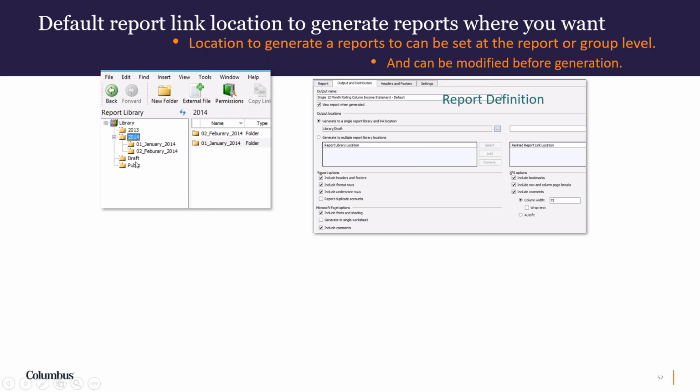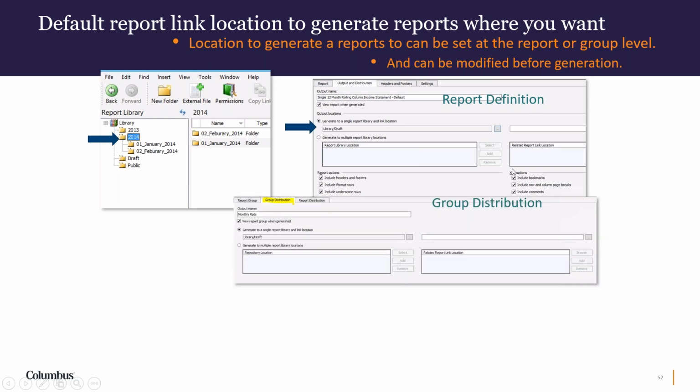So lots of options in the report definition itself. You can choose here. So this is an example of the report definition, and you can click on the drop down.